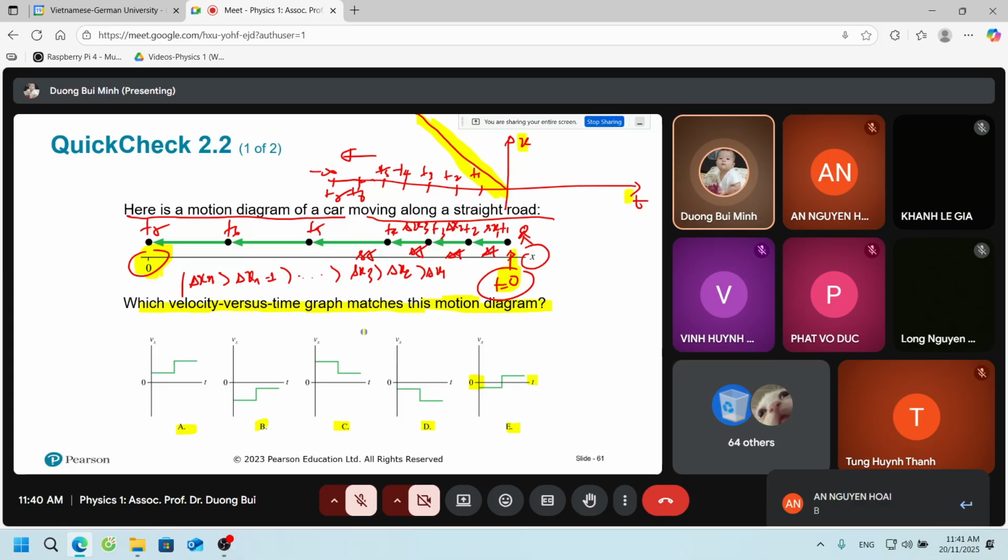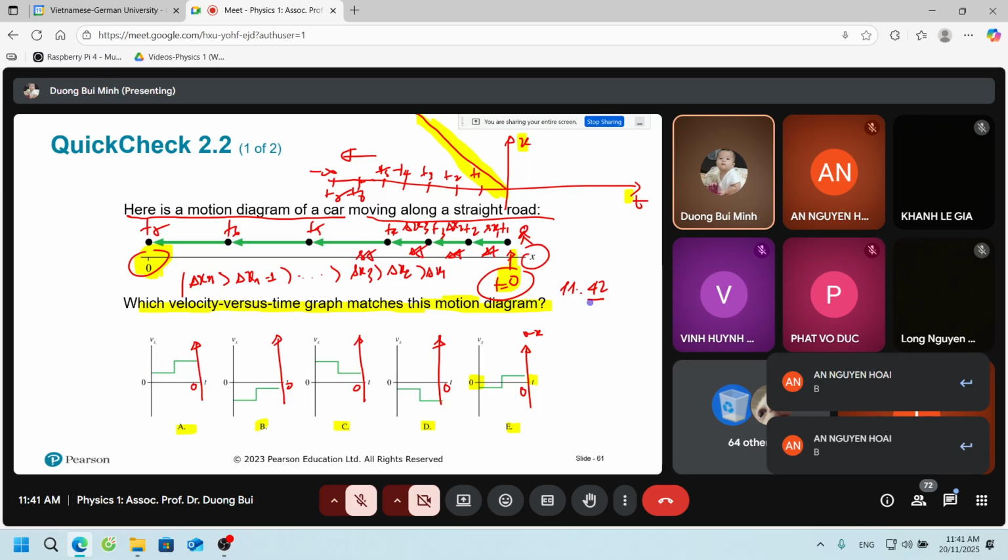If we consider time here, maybe we move the x-axis here, and the y-axis will be here, because time is 0 here. Vx is 0, 0, 0, 0. I set the timer at 11:42. Come on, do it.